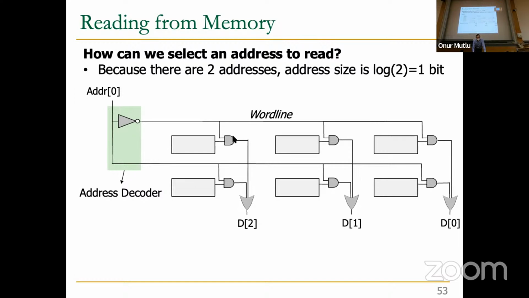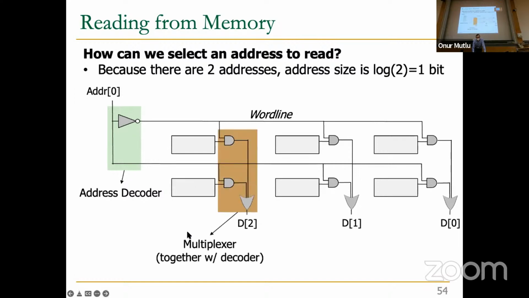But there's something else we know over here. This is actually a multiplexer together with the decoder. Basically, if the address bit is 0, this word line becomes a 1. And the output of this AND gate is dependent on the value that's stored here. And that drives this OR gate. And this other word line becomes a 0 because it's a decoder. And the output of this is 0.